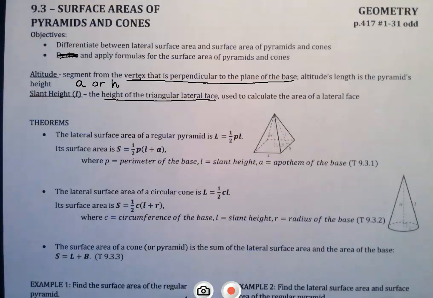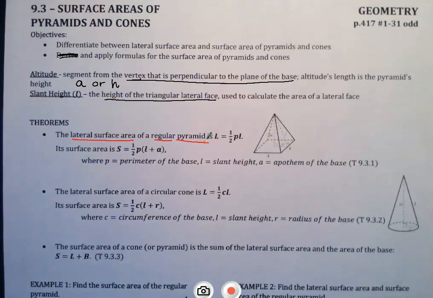So we have the lateral surface area, first of all, of a regular pyramid. What's regular mean? What does normal mean in mathematical terms? There's no such thing as normal. What's regular in math?